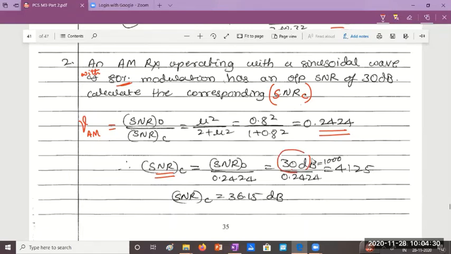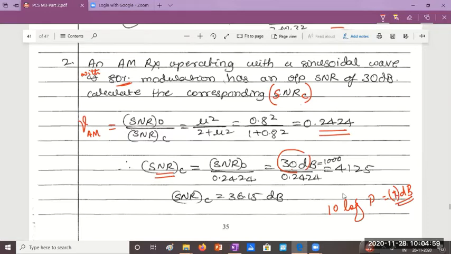How do you convert from decibels to standard value? How much is 1 decibel? 10 log of the given power ratio is 1 decibel, or 10 log of that is whatever value you get, it will be in decibel.